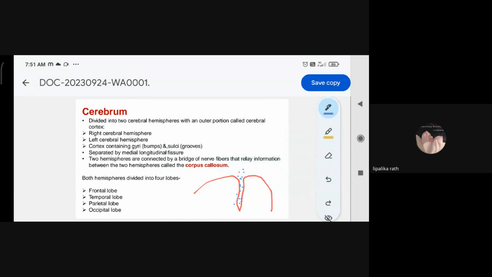This is also known as a fissure in anatomical language. Longitudinal means it is going up to down. So this longitudinal fissure is dividing the cerebral cortex into the left hemisphere and right hemisphere of the cerebrum.